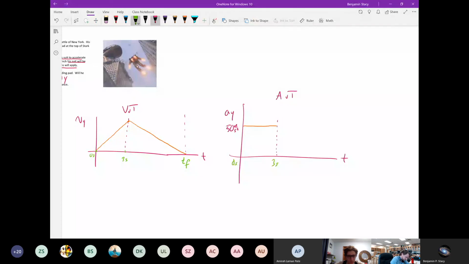I mean, up to you. But then his engine's cut off, and it says free fall conditions apply. So after 3 seconds, we've got little g down here, minus 10 meters per second squared. And that's constant for the remainder of the time, slowing him down.